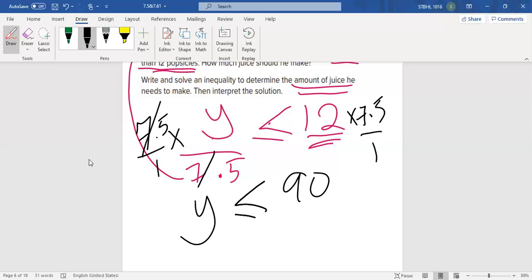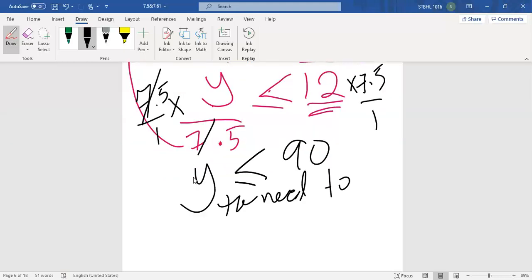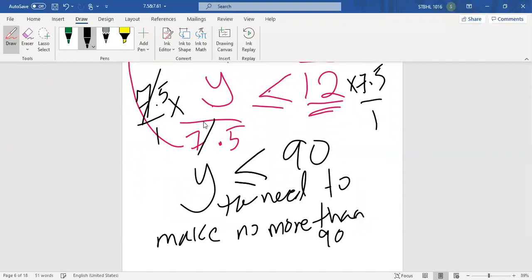So Thomas needs to make no more than 90 ounces of juice.